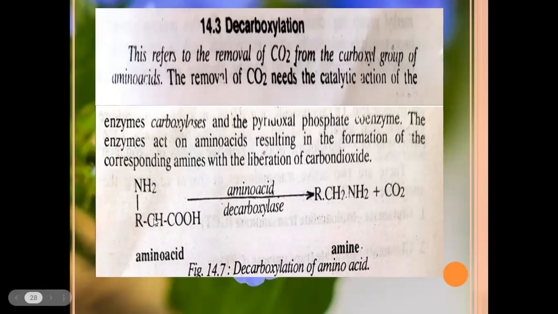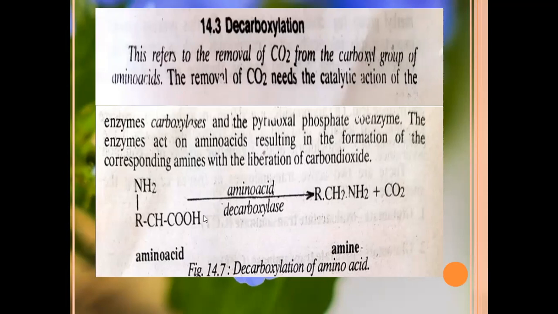From this amino acid, carbon dioxide is eliminated. Carbon dioxide is eliminated in the presence of amino acid decarboxylase. So here it is C double bond O. CO2 is eliminated, finally to form an amine.